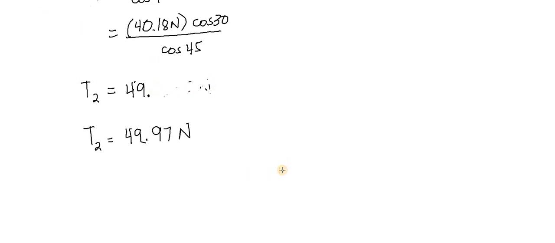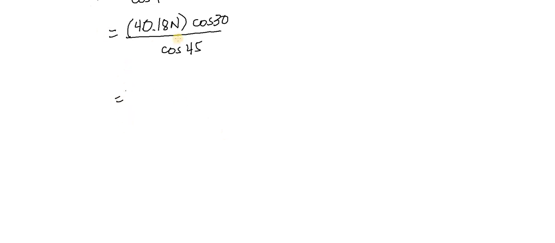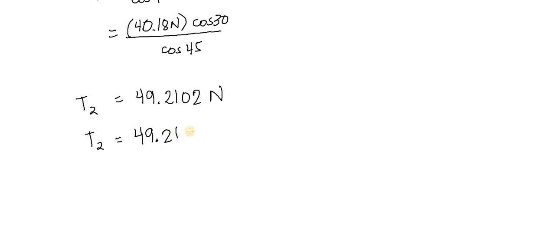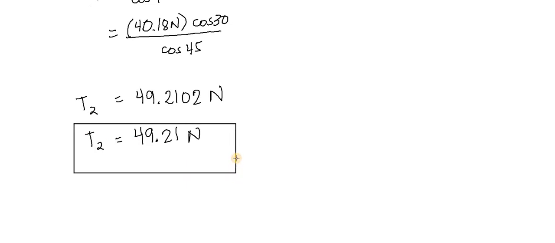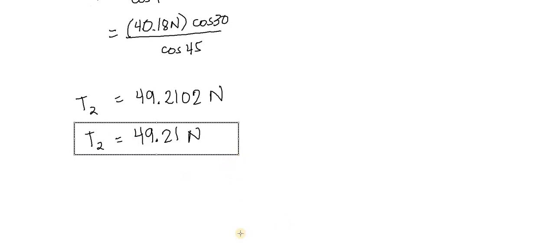So let's delete this one again. It should be 40.18 multiplied by cosine of 30 all over cosine of 45, so T2 is equal to 49.2102 Newton, or T2 is 49.21 Newton. So let's box this one. This is the value of your T2.